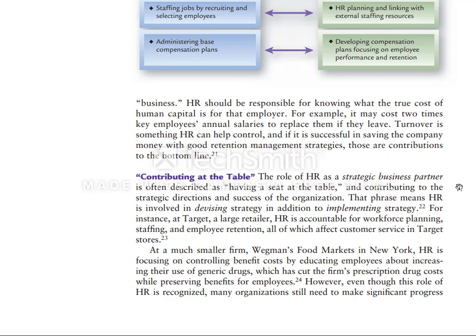So the table here refers to the management committee members over there. So how does the HR contribute to the organization's goals that is mentioned over here? So the HR needs to contribute to the organization's success, because the organization's success depends on the decision making of the top management. So the more the HR can contribute, the better it is.